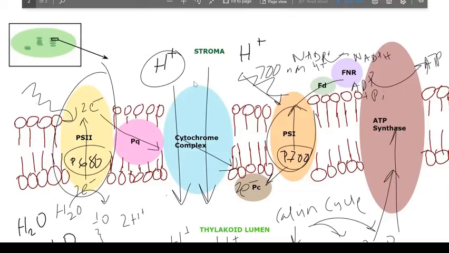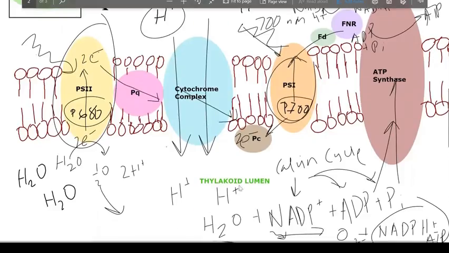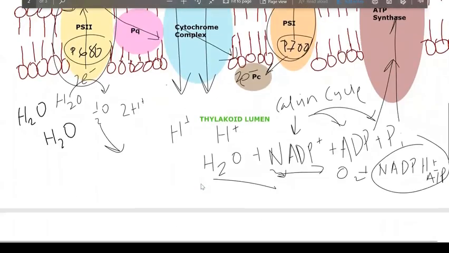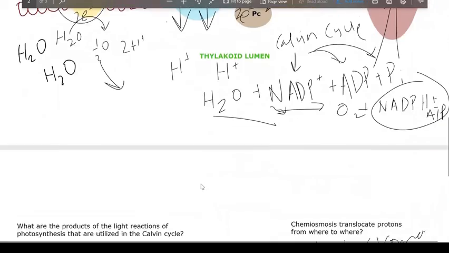A lot of these H+ ions are getting attracted down into the thylakoid lumen, which creates a huge proton gradient inside the lumen.